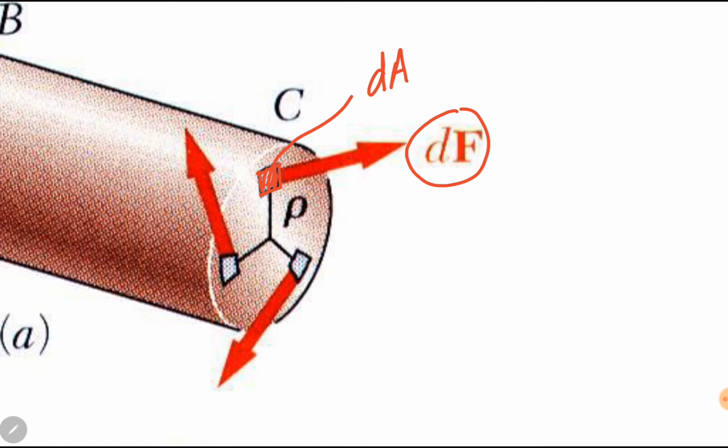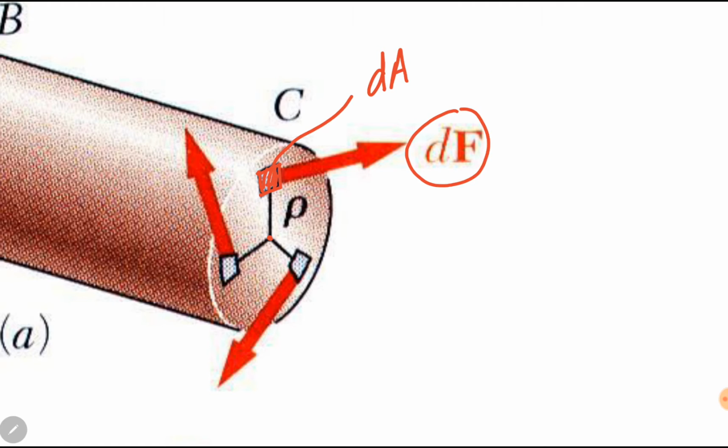Each area has a distance of rho from the center. Remember that rho is a variable radius. If we look at the center, rho is equal to 0. As soon as we go away from the center, the numerical value of the radius rho will increase.